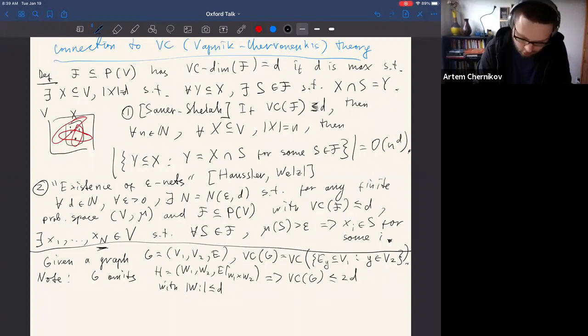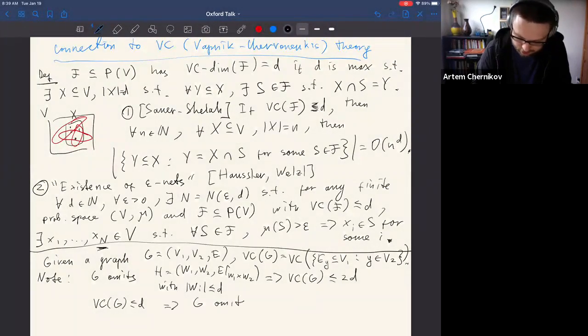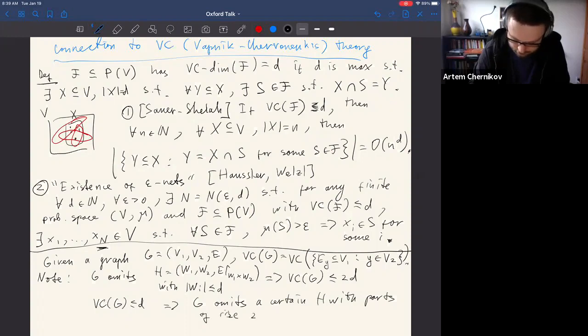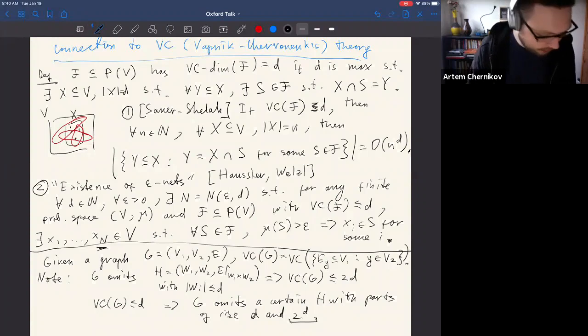Also, if the VC dimension of a graph is smaller than D, then G admits a certain H with parts of size D and 2 to the D. So admitting such a small finite bipartite graph H is a condition which, up to a small change of the parameter, is equivalent to having small VC dimension for this family.